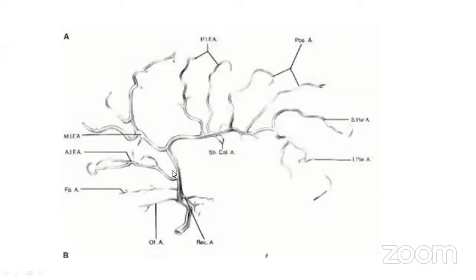It forms the A2, A3 segments, and this horizontal segment is the A4 and A5 segment, giving off the posterior internal frontal arteries, anterior internal frontal arteries, median internal frontal arteries, and further branches which are described ahead.